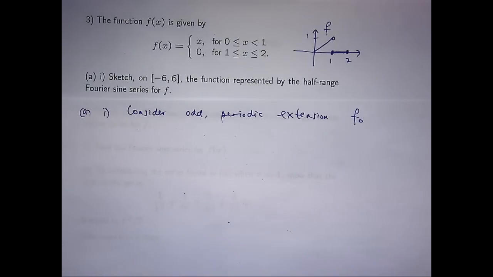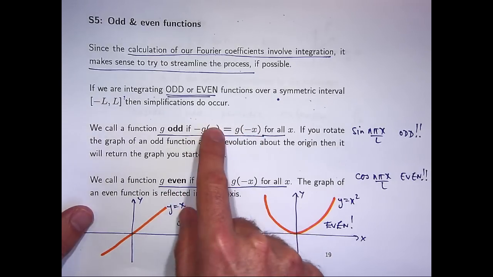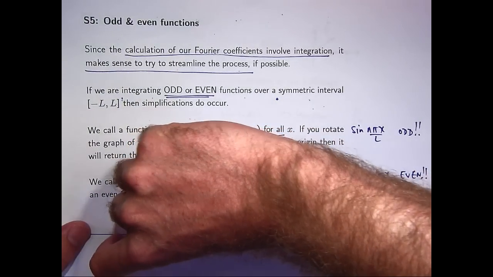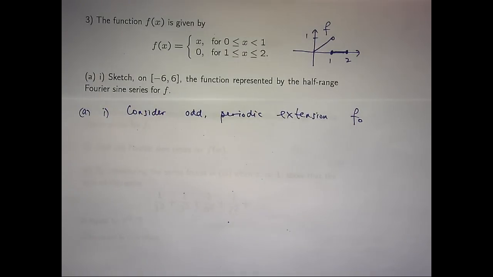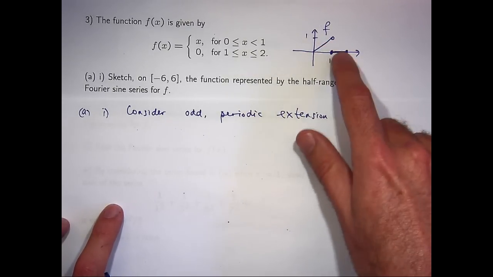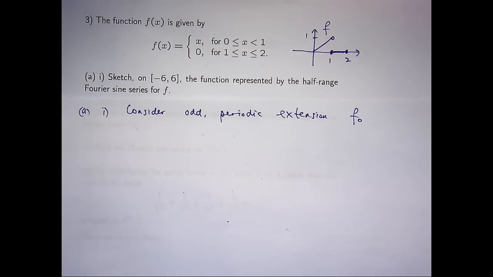Now remember, an odd function is just a function whose graph, when you rotate it 180 degrees, gives you the graph that you started with. There is an algebraic representation for defining an odd function, but look at this graph here. If you take this graph, you rotate it 180 degrees around the origin, you get the same graph that you started with. So that's an odd function. So for this one, what we would do is we would extend this line further down here and have this sort of in the same spot, but just on the left-hand side of the horizontal axis.